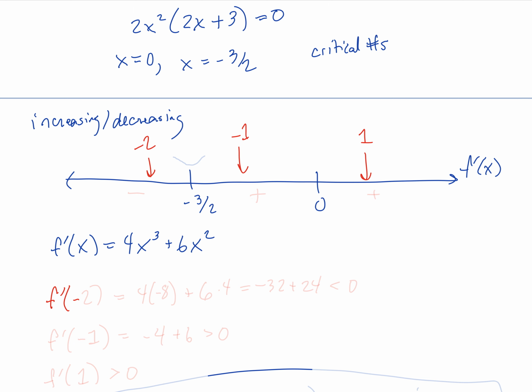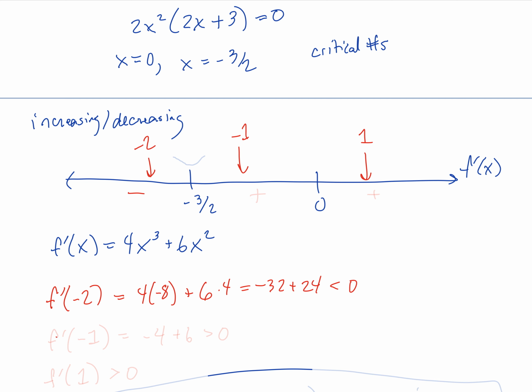So f prime of negative 2 is 4 times negative 2 cubed, that's 4 times negative 8, plus 6 times negative 2 squared. So that's negative 32 plus 24. That's less than 0, so we're negative down there.